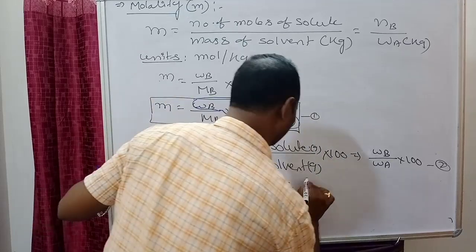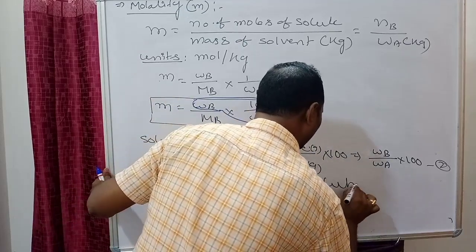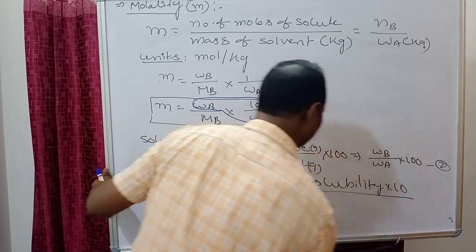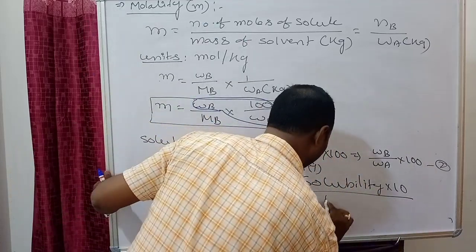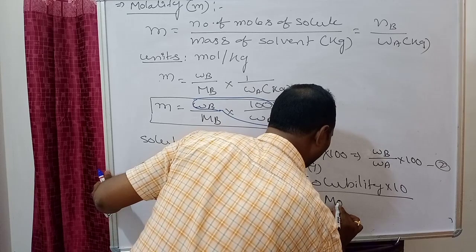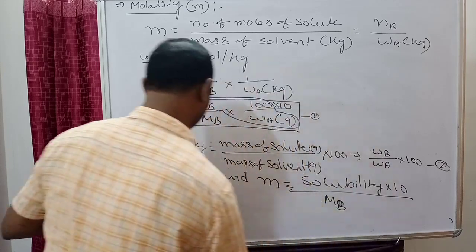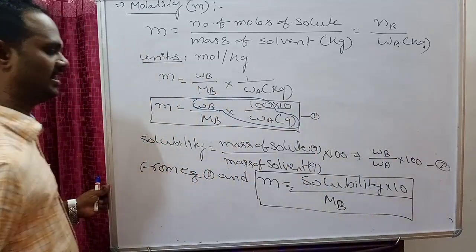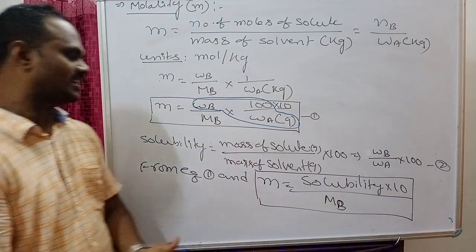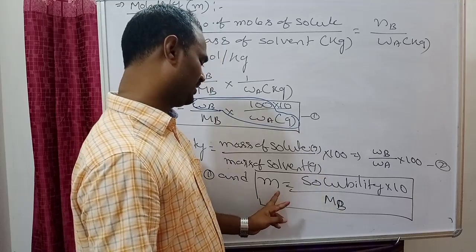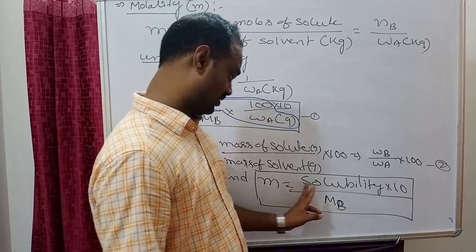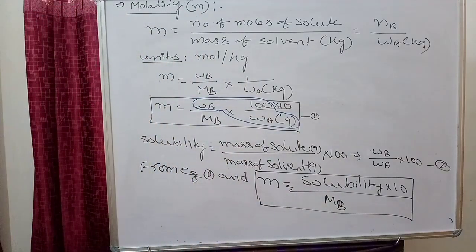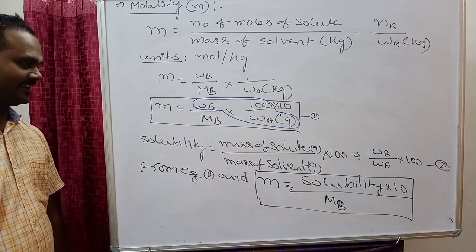Molality is equal to solubility into 10 by molar mass of solute. This is another form for molality. If the solubility is given, to calculate molality, small m equals solubility into 10 by molar mass of solute. This is the molality.